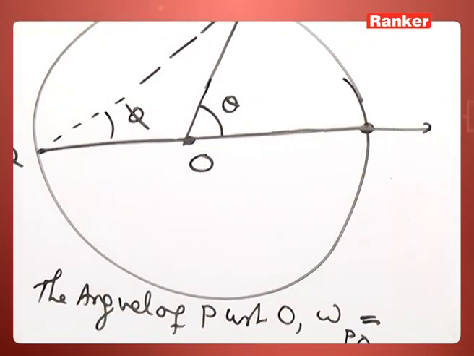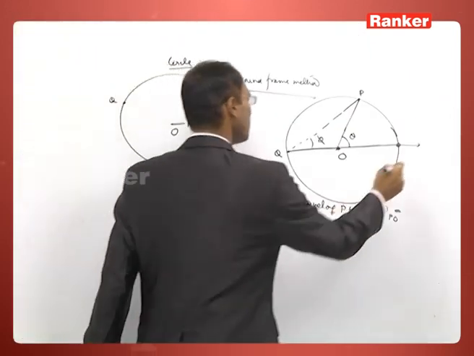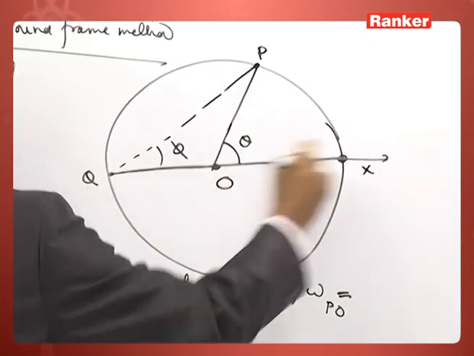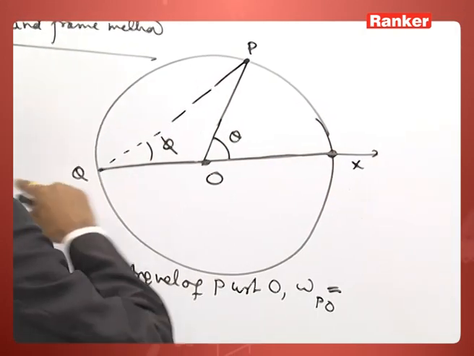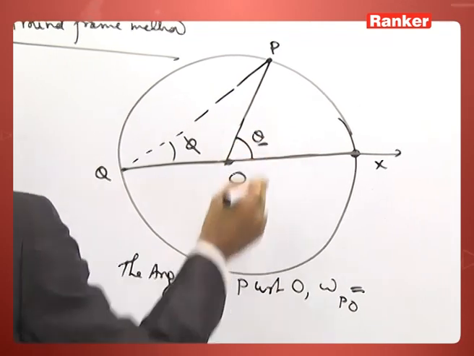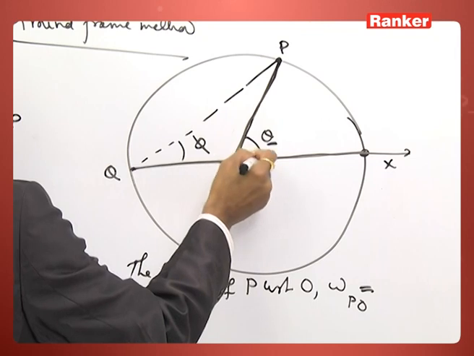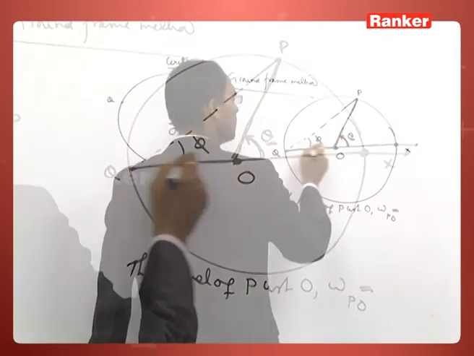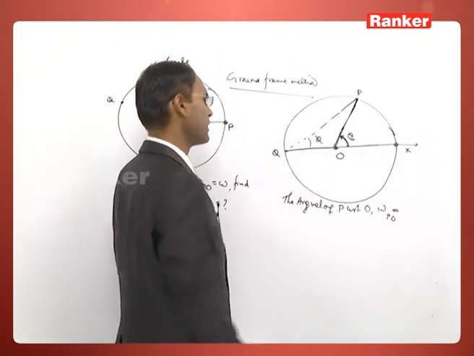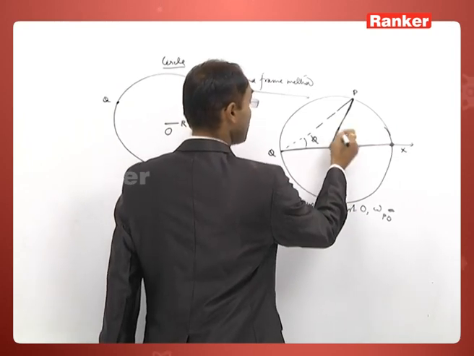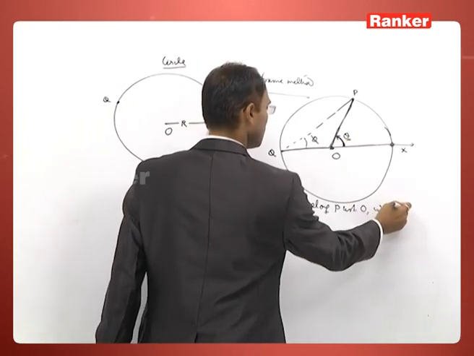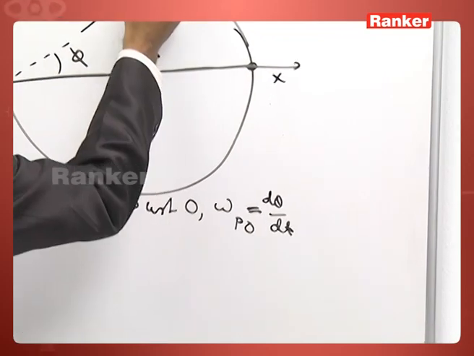This angle, made with respect to this fixed line, horizontal diameter, that is theta. This straight line makes an angle theta with respect to the positive x axis. This angle changes at what rate? That is the angular velocity of P with respect to O.